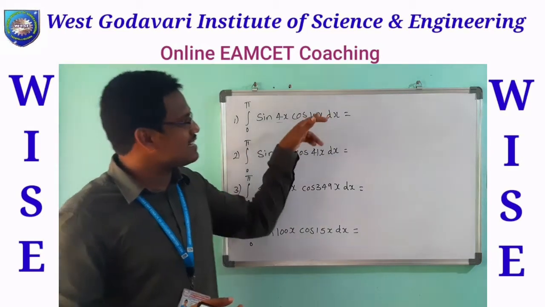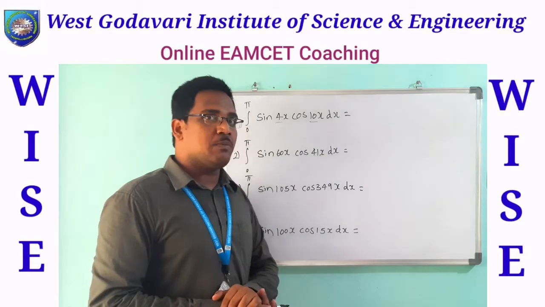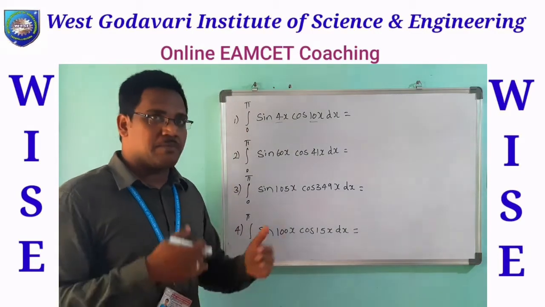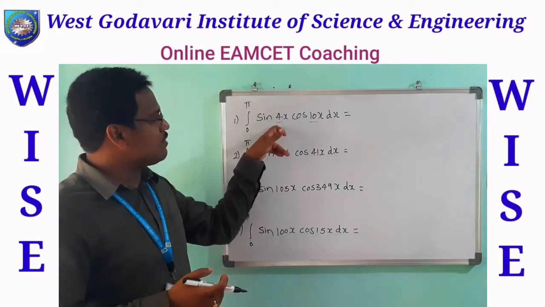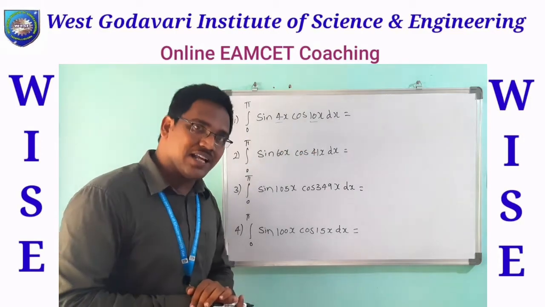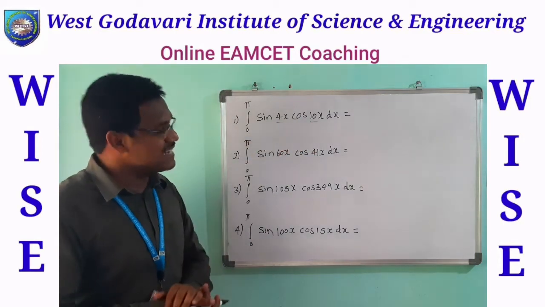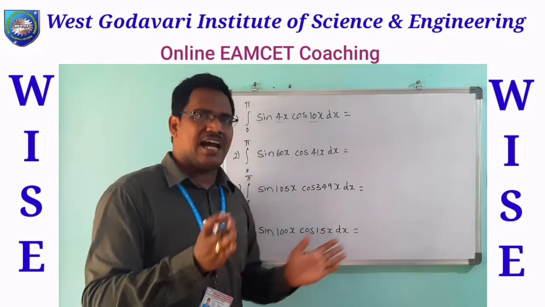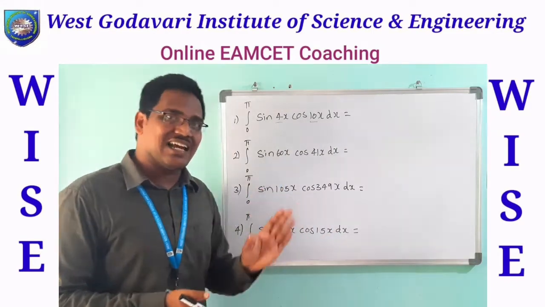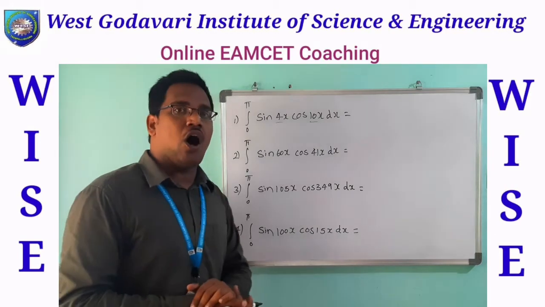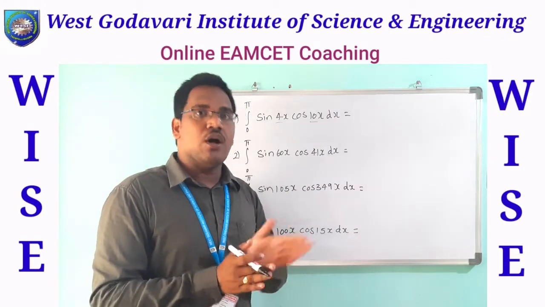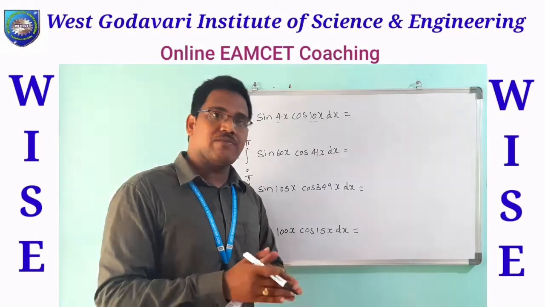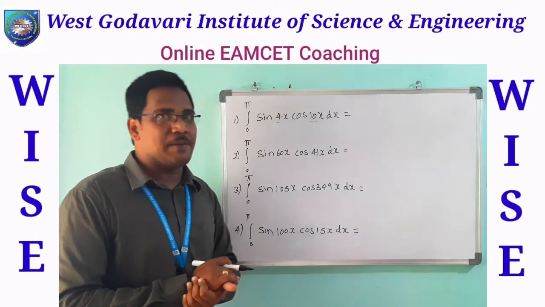Before analyzing the result, we have to compare the a and b values. a minus b is minus 6. Whatever the sign, either minus or plus, let us check whether it is an even number or odd number. If it is even, the result becomes 0. If it is odd, the result becomes 2a by a square minus b square.